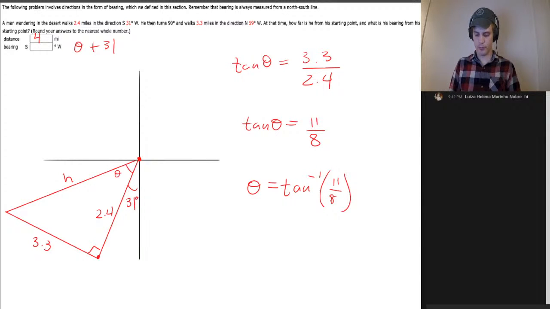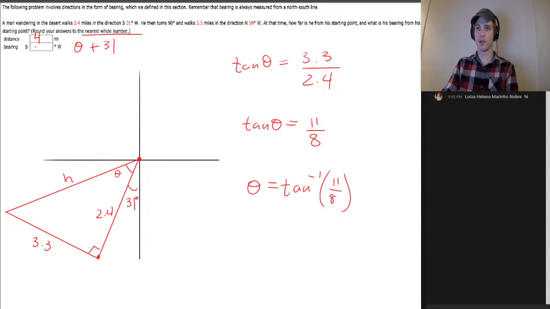And then you want to do the second tangent, and always check to make sure you're in the correct mode. I want to be in degrees, which I am, so I haven't changed it since I started. We're going to round to the nearest whole number according to the instructions. I almost forgot, I want to add in that 31 degrees.